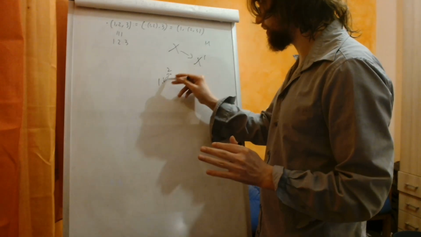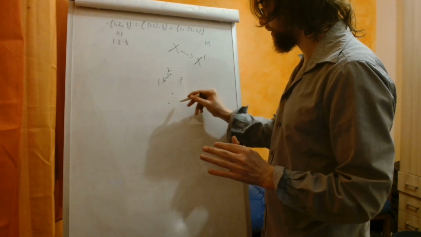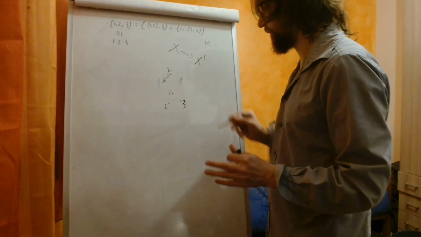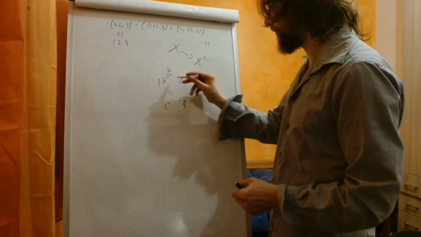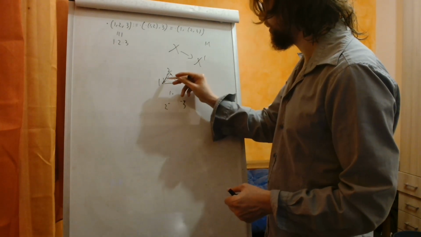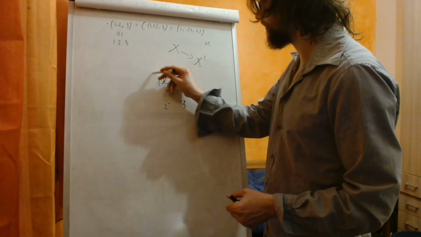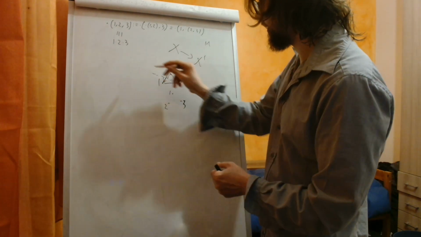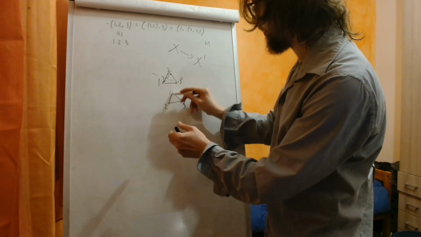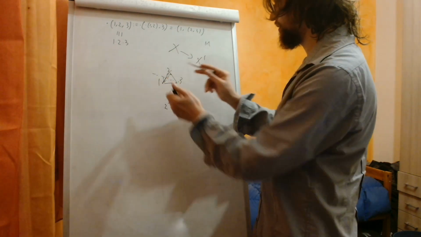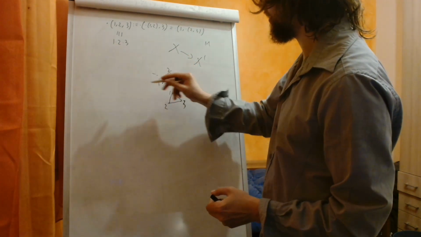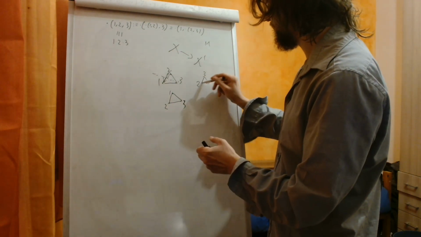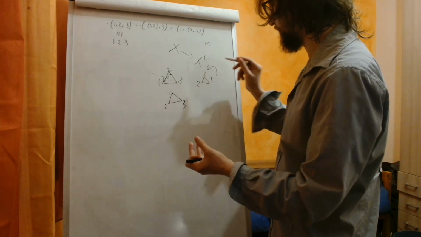So you exchange these two names and you get this, and this symmetry is equivalent, for example, to a reflection of this triangle through this line, because you exchange these points. If you do instead a cycle of the names, you have 1, 3, 2, you are doing a rotation, for example, of this triangle.